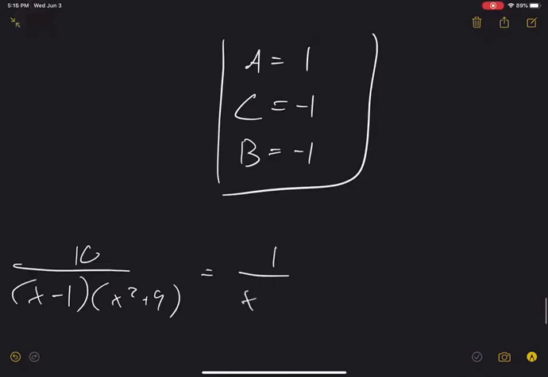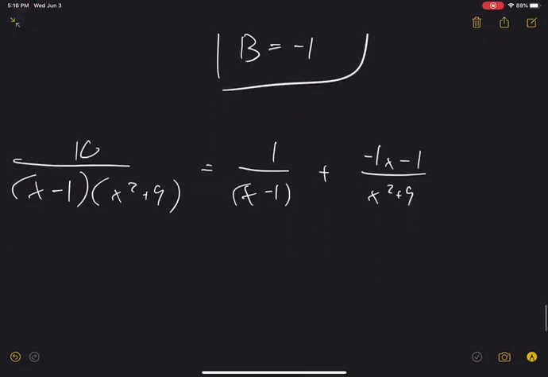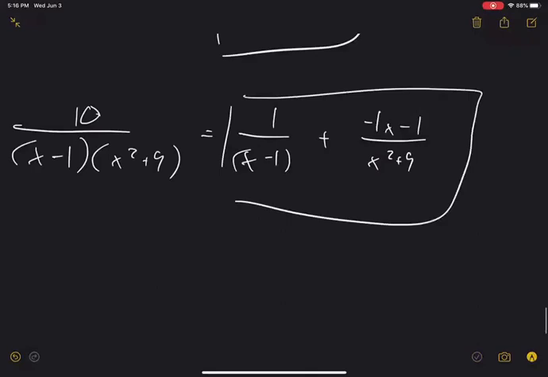So 1 over x minus 1 plus bx plus c over x squared plus 9. Okay, so let's see. This b should be -1, and this c should be -1 as well. Okay. Now, so this left side equals this right side, so I could integrate this thing.